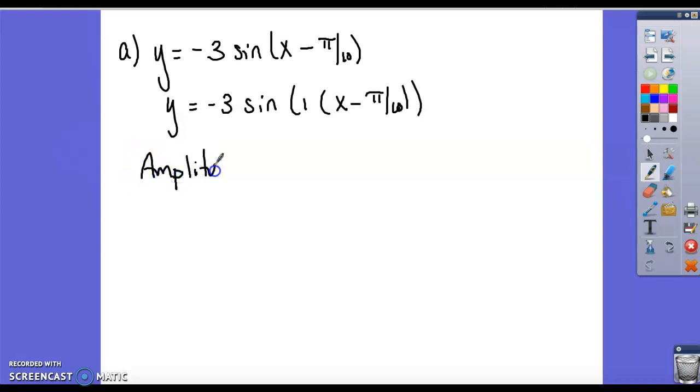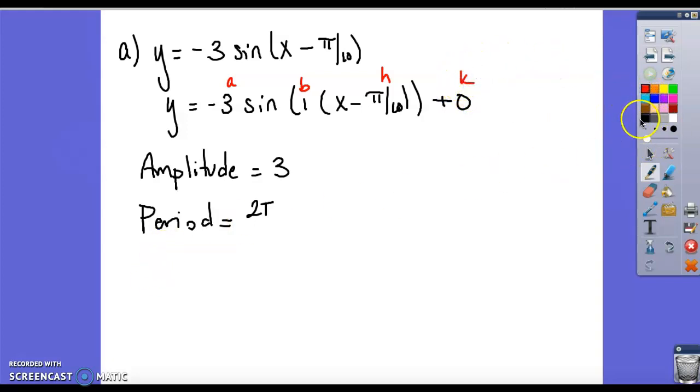The amplitude is the absolute value of a, so it's 3. The period is 2 pi over b. Let me label these real quick. So here's a, here's b, here's h. And technically there's a +0 out here. That's my k. So my period is 2 pi over 1, which is 2 pi.